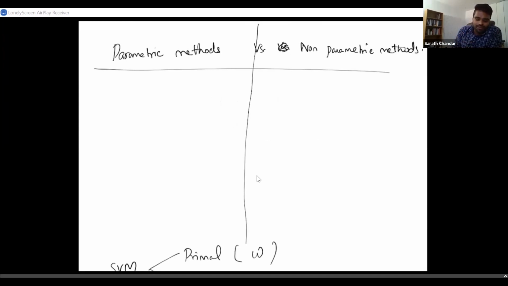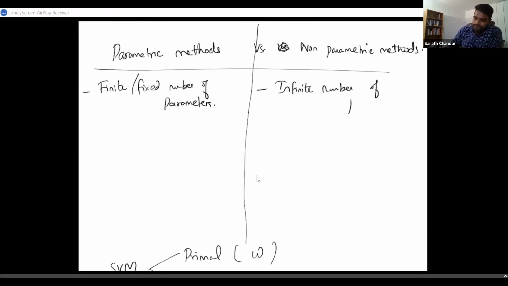So what are parametric methods? Parametric methods have a finite, fixed number of parameters. On the other hand, non-parametric methods can, in theory, have an infinite number of parameters. The word non-parametric is a bit confusing because you might think it means no parameters.